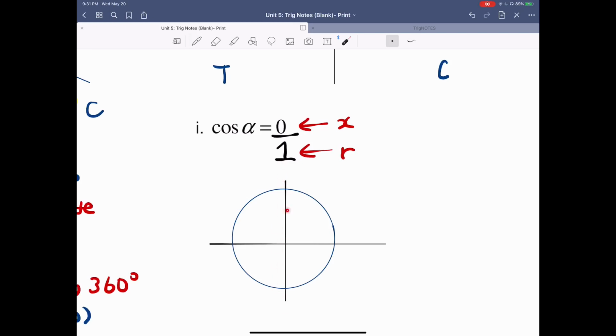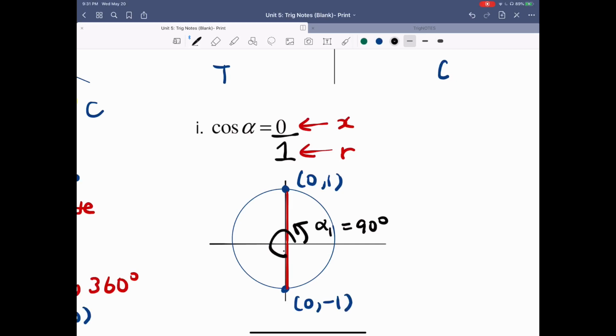That's where x is 0. So the coordinates for that are 0, 1 and 0, -1. Well, what are the angles that make this true? Your first one is going to be alpha 1, which is equal to 90 degrees, and another one, alpha 2, is equal to 270 degrees.